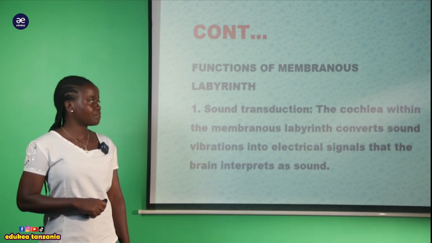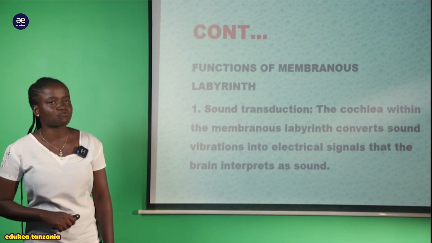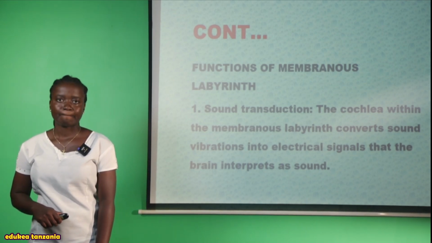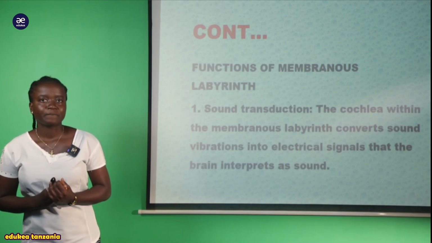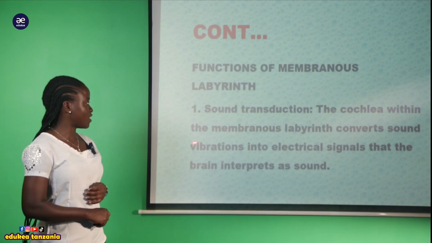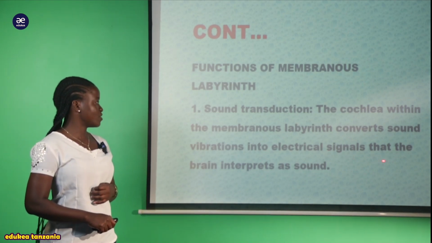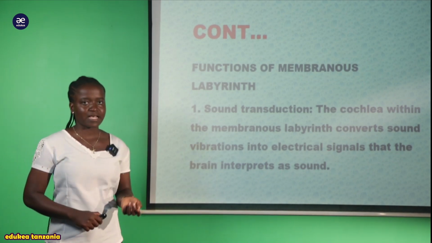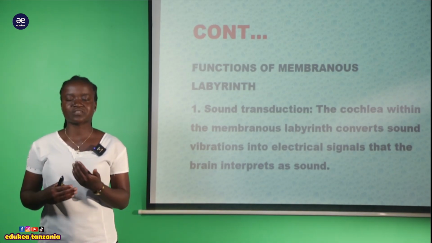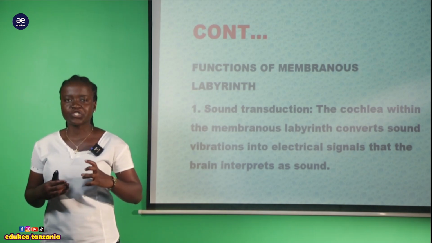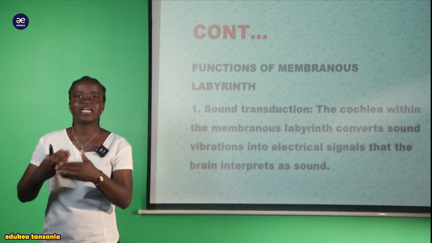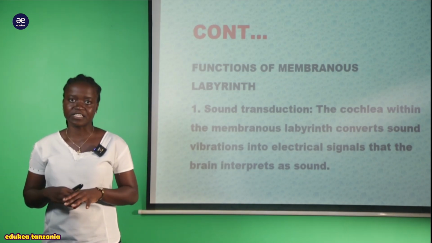The first function of the membranous labyrinth is sound transduction. Here we are saying that the cochlea within the membranous labyrinth converts the sound vibration into electrical signals that the brain interprets as sound. When we say sound transduction, or transduction, it means the transformation of sound waves into electrical waves so that they can be interpreted by the brain easily.